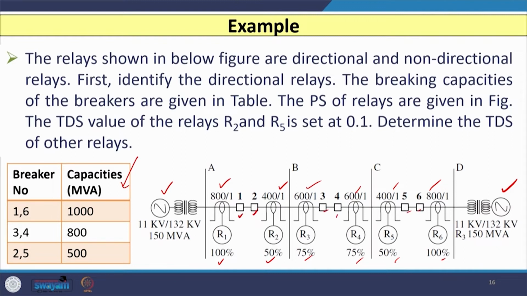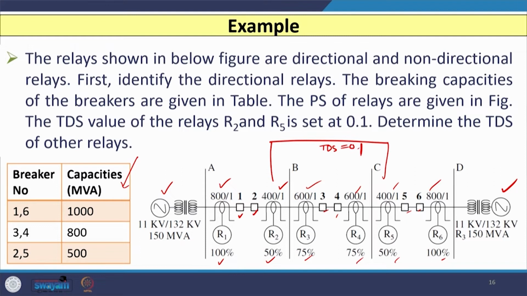The time dial setting of relays R2 and R5 is also given, and you need to determine the TDS value of the other relays, let us say R1, R3, R4 and R6.